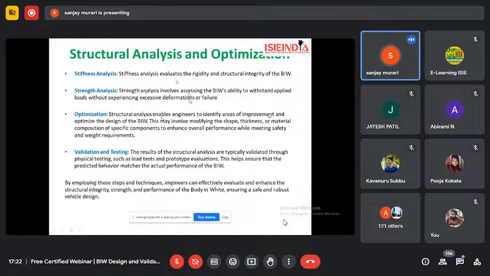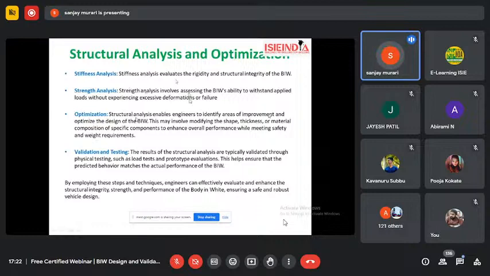Next comes optimization, which is also one of the key components of structural analysis. As I said, BIW or every design component should do its functionality, but we cannot keep increasing the weight. Suppose one component is failing at some 100 Newton of load, and my requirement is that the component should hold 100 Newton of load.